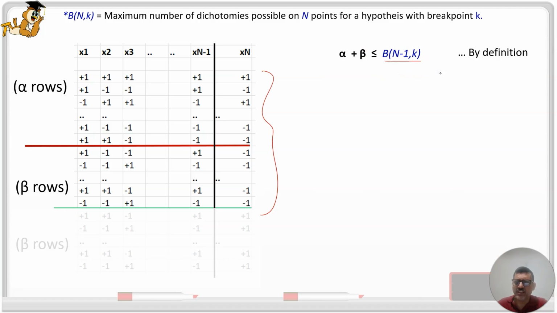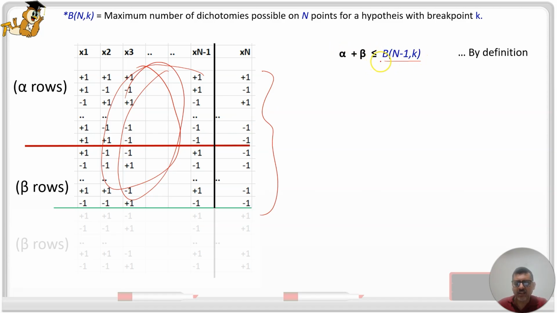Actually, that's by definition. What do I mean by definition? Here are n minus 1 points. You have a certain number of dichotomies on n minus 1 points. You know that k is the breakpoint. And by definition, therefore, this many rows is going to be less than or equal to b of n minus 1 comma k.